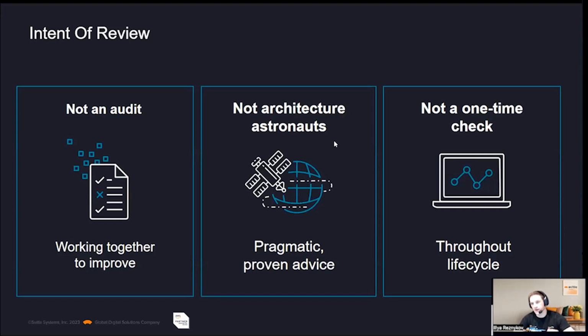It means that they're pragmatic and have a solid practical background. And also, as I mentioned, it's not a one-time check. That is why we advise you to run reviews for your workload more often, and it should be built into the application lifecycle based on the different stages of this application.